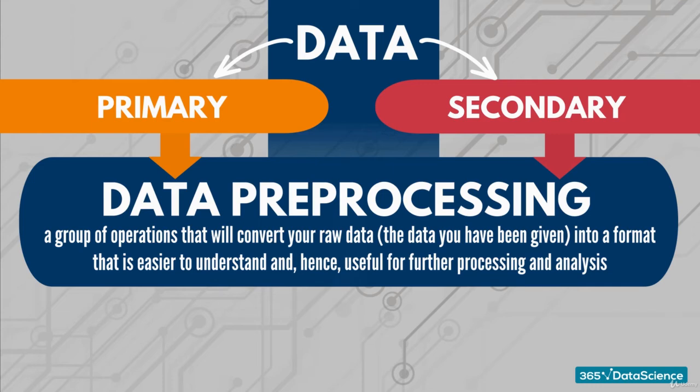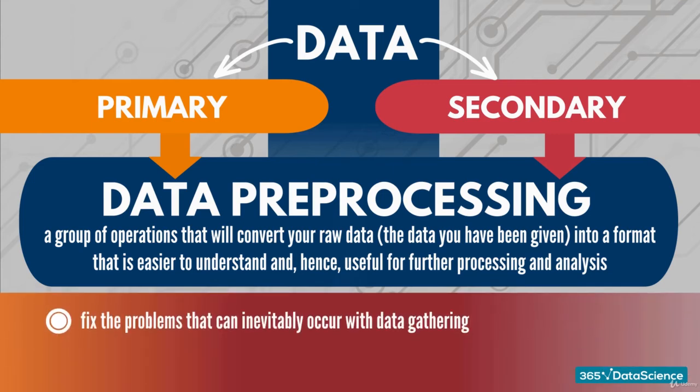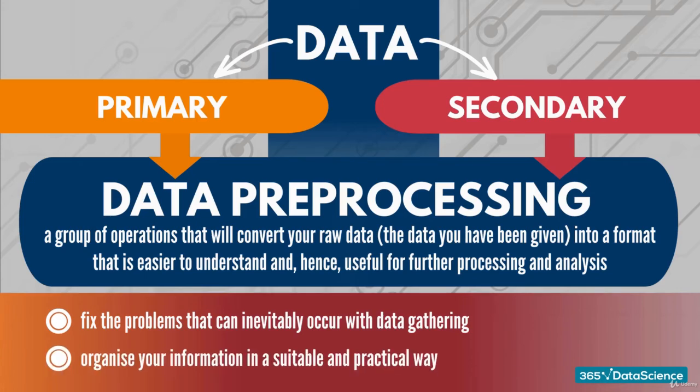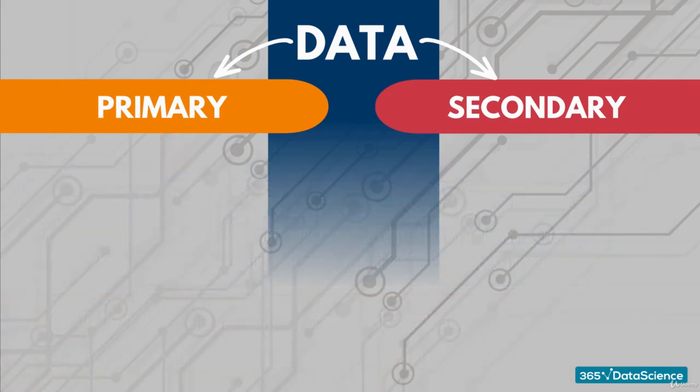This step attempts to fix the problems that can inevitably occur with data gathering. Furthermore, it helps organize your information in a suitable and practical way before you do your analysis and start making predictions. Having said all that, remember, we will be working with secondary data.